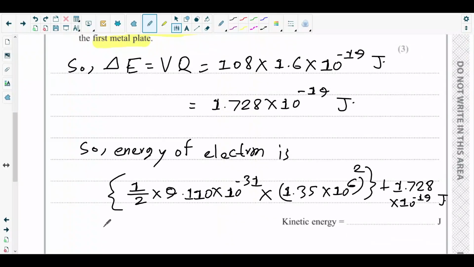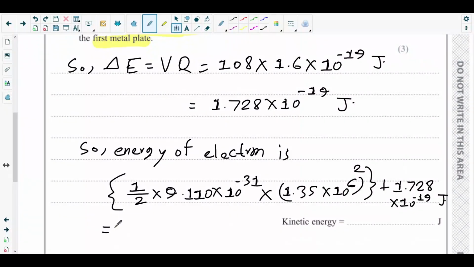Okay, now just calculate the value. Half times 9.110 times 10 to the power negative 31 times v squared, where v squared is 1.35 times 10 to the power 6, whole squared. So this is basically 8.3014875 times 10 to the power negative 19 joule plus 1.728 times 10 to the power negative 19. I had written 10 to the power 19 instead of 10 to the power negative 19.